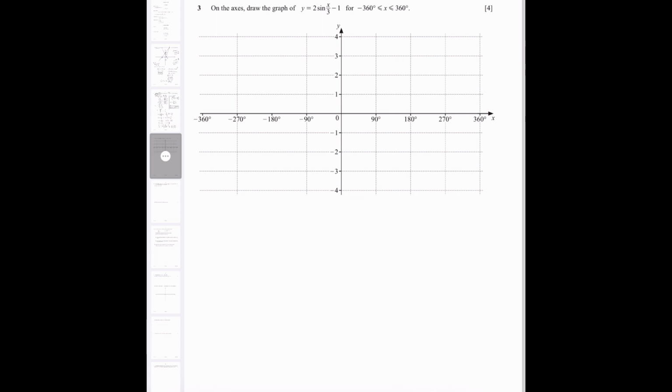Next question, on the axis draw the graph of y equals 2 sine x by 3 minus 1 for minus 360 to 360.